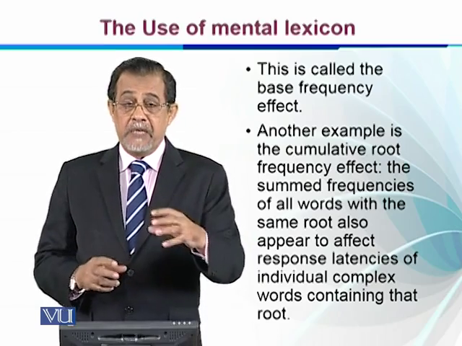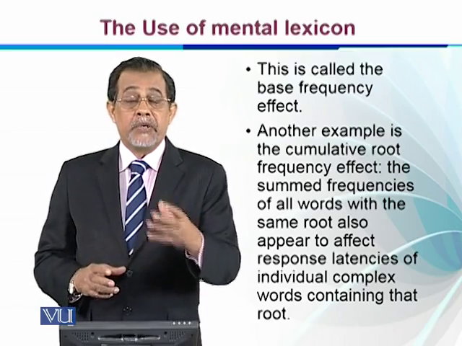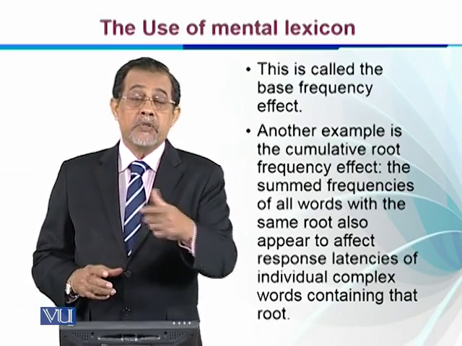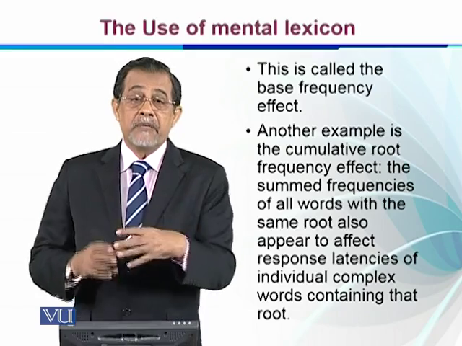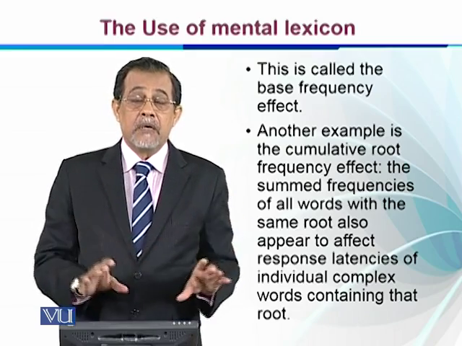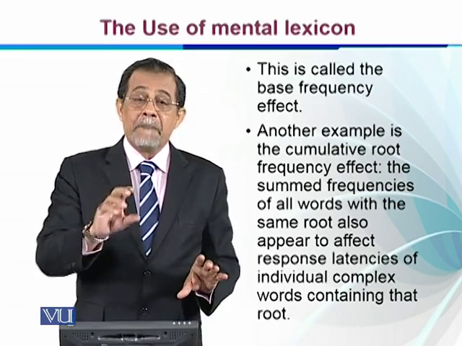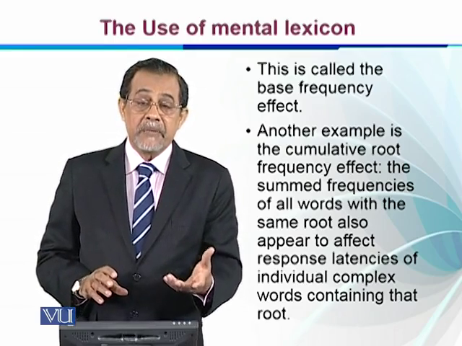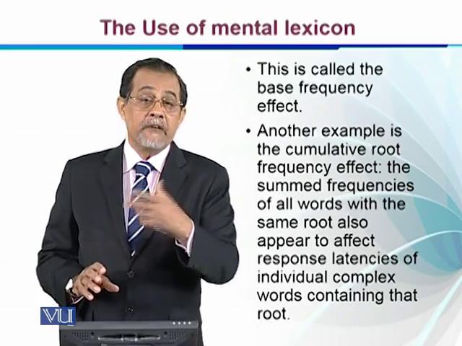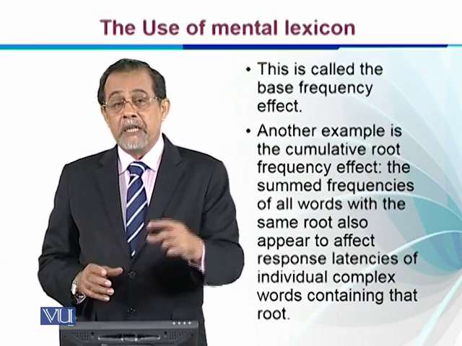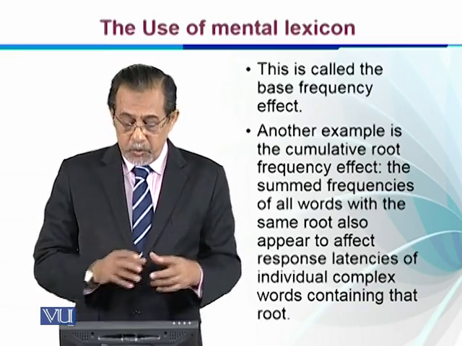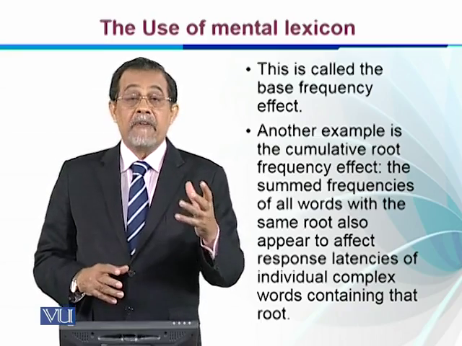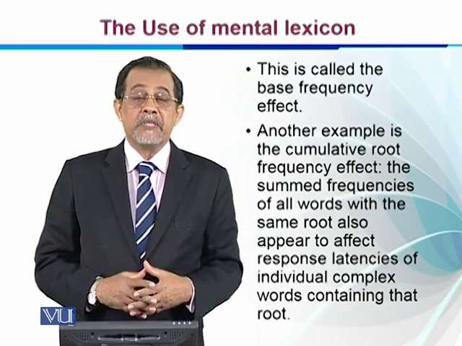If we have a word and this word has a root which is used in other words, the word has a certain complex form. The complex forms are also readily recognized because the activation level is quite fast, as we are familiar with the root. So this is known as the cumulative root frequency effect.